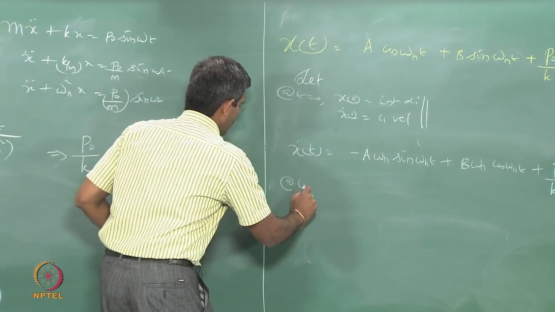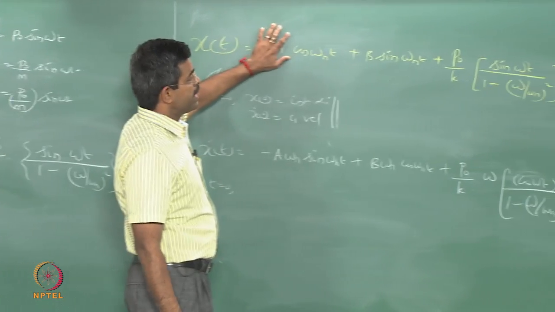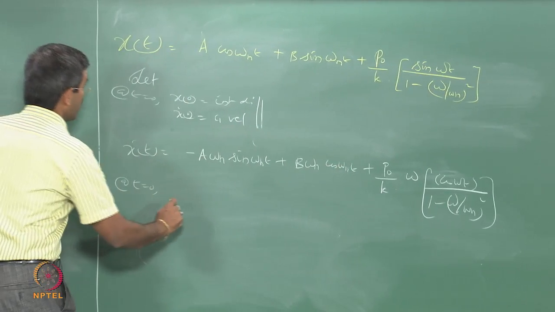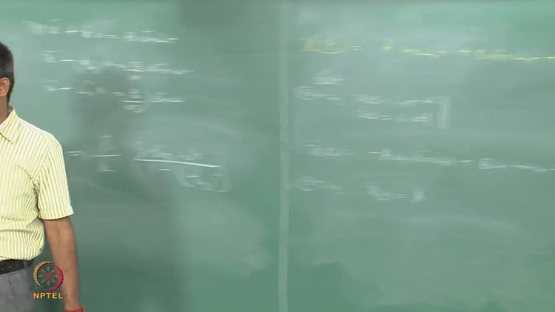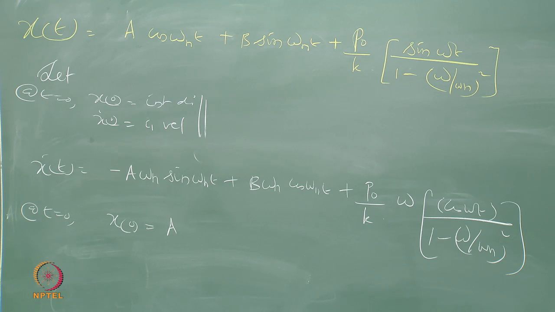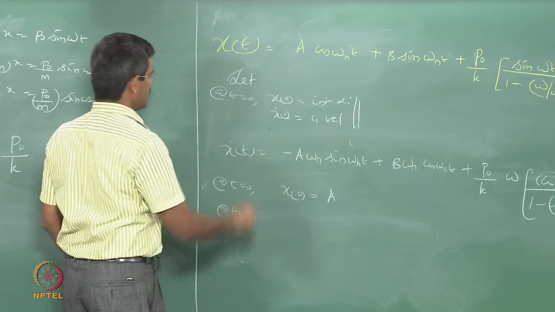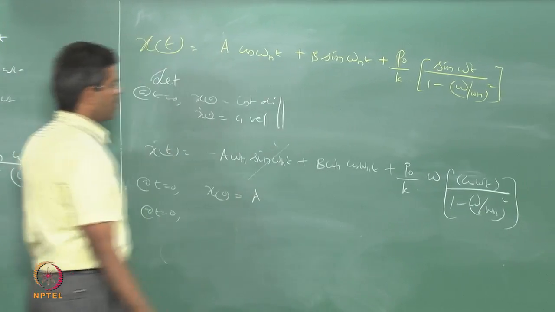So, at t is equal to 0, this term will become simply A, and these two terms will go away because it is a sine function. So, I will get x 0 as A. Now, at t is equal to 0, substituting in the second equation, this term will go away.